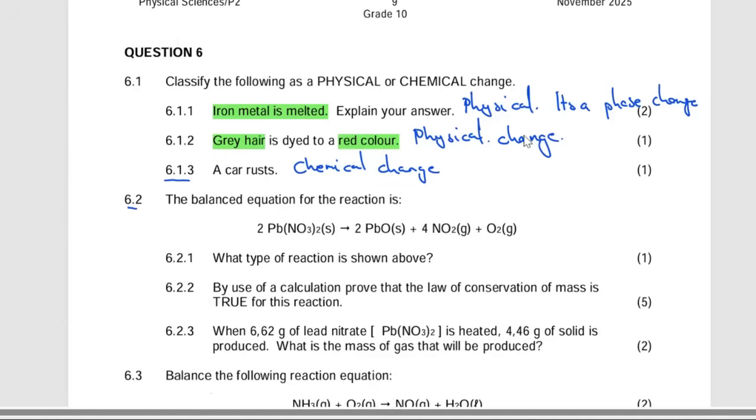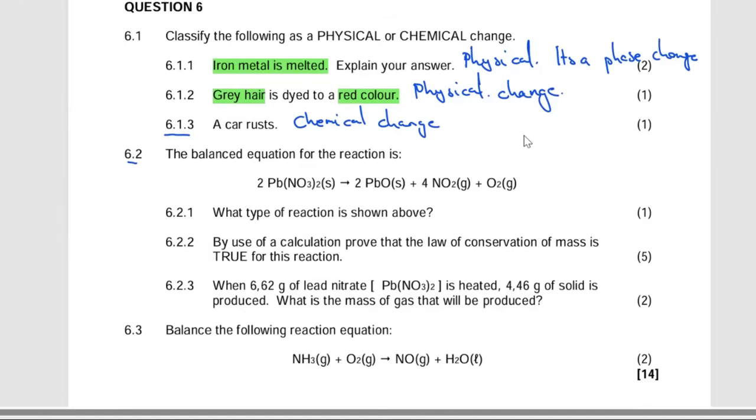Then 6.2 is there. The balanced equation for the reaction of 2PbNO3 solid to give us 2PbO, then 4NO2 and O2 gas, right? Then what type of reaction is shown above, in 6.2.1? You can see there was a breakdown of this reactant to formulate more products.